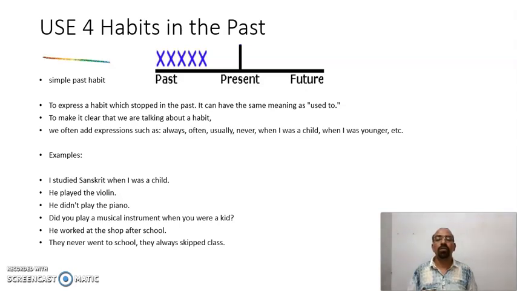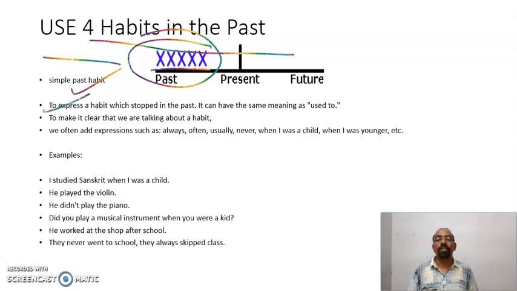Use number 4. Habits in the past. Simple past habit. To express a habit which stopped in the past, it can have the same meaning as used to.